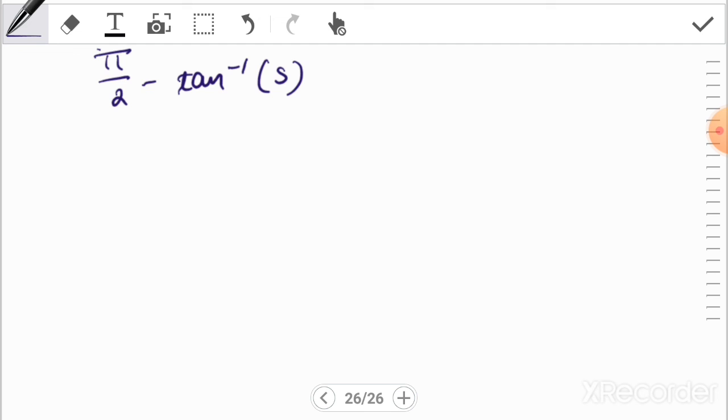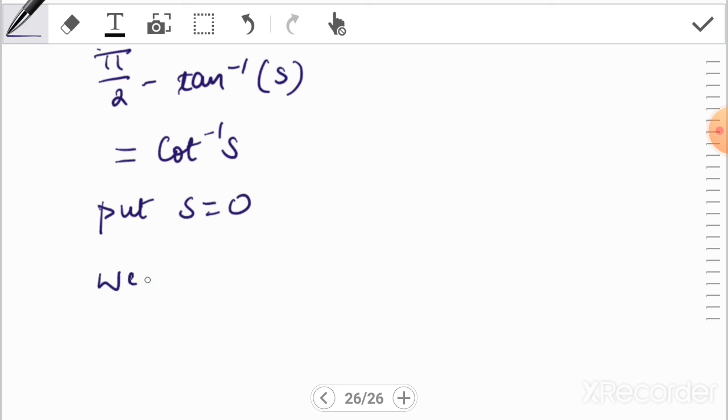Now this is nothing but cot inverse of s. Now put s is equal to 0.